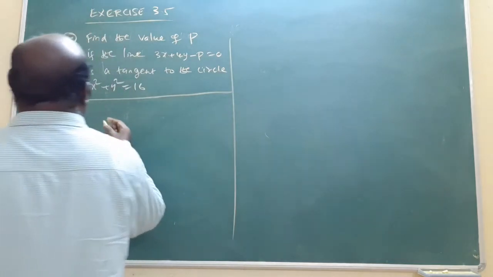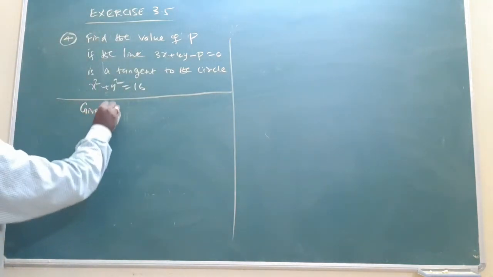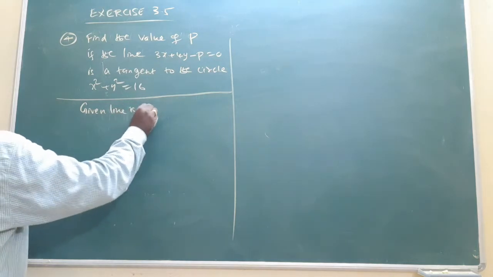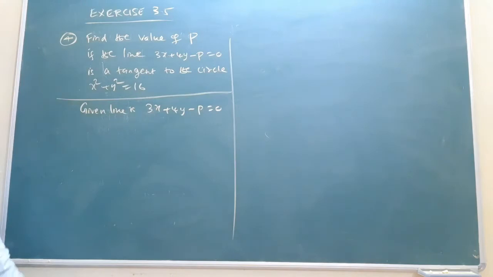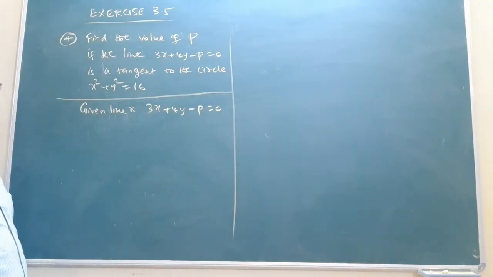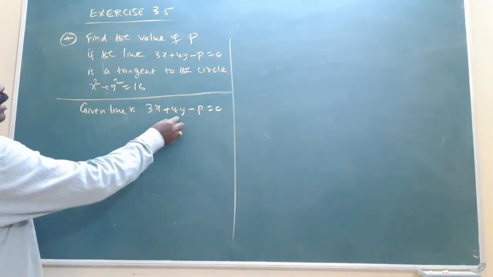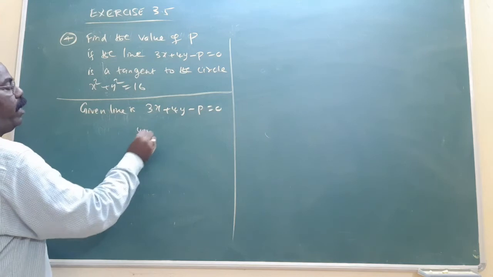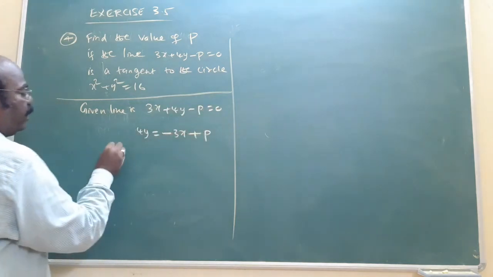Now, what is the given line? The given line is 3x plus 4y minus p equal to 0. This equation you want to write in the form y equal to mx plus c. That's why this comes as 4y equal to minus 3x plus p, divided by 4.